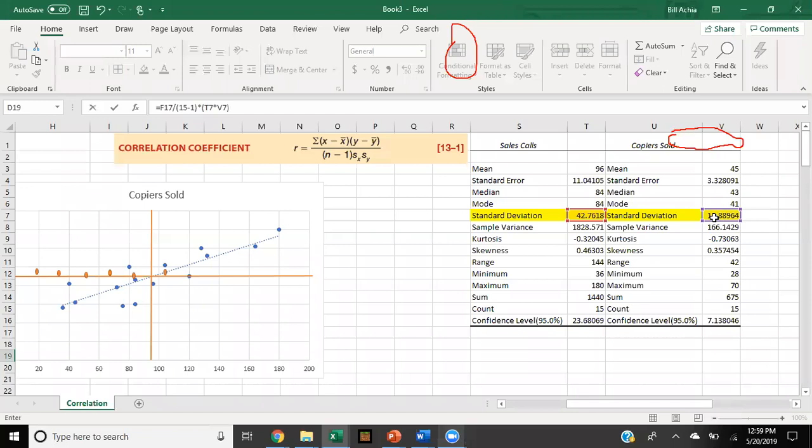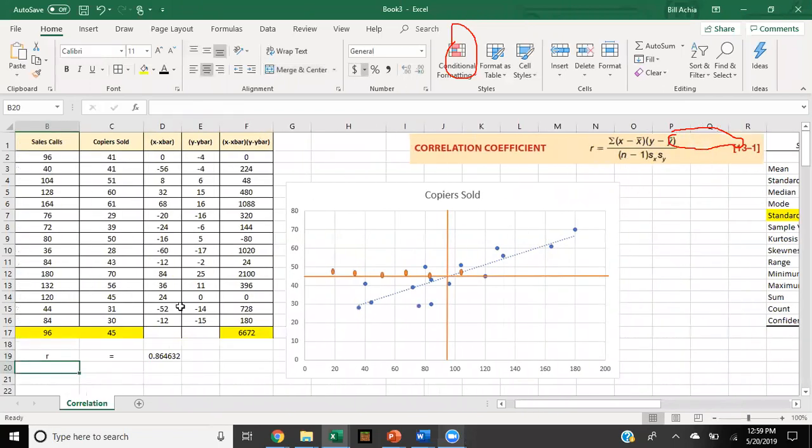Okay, and I'll put an additional parentheses around everything in the denominator, and I come up with this value here of 0.864.